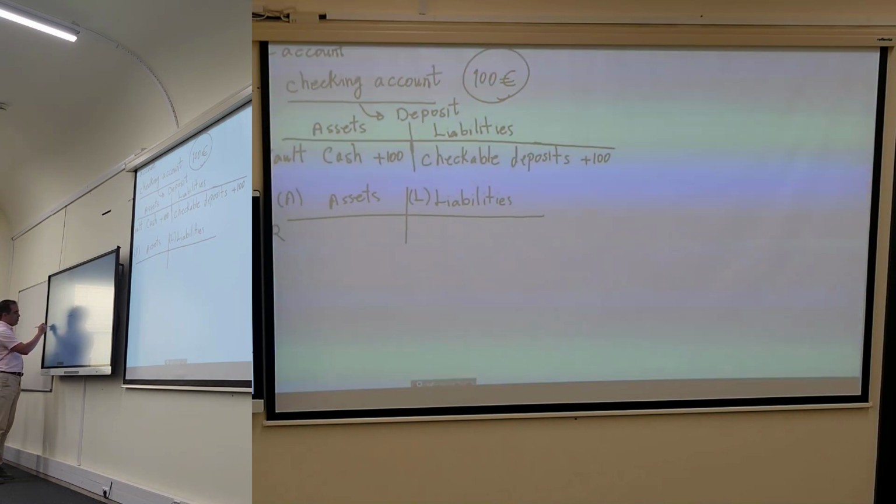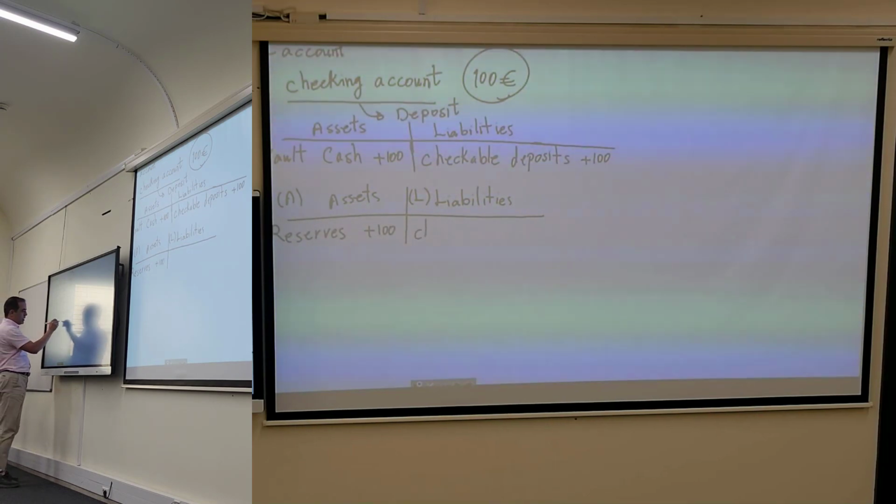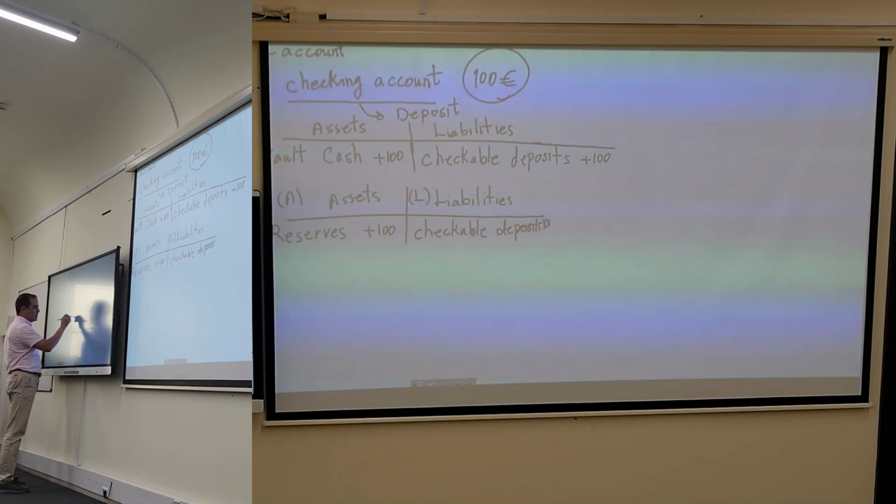And then here we will have the reserves also. Okay, so this is 100 reserves here, and here we can say that it is the checkable deposits as that 100, right?